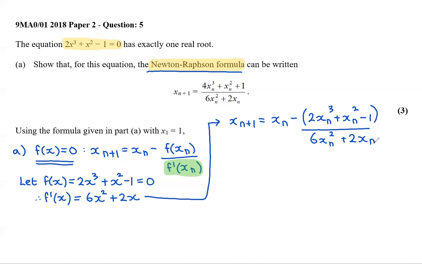Okay, now that's it, but we have to write it in this particular way. We've got to write it as a single fraction as it's stated here. So we need a common denominator. So the left-hand side is fine, nothing to do there, but we need to write the left-hand term on the right-hand side over the common denominator, which will be 6xn squared plus 2xn.